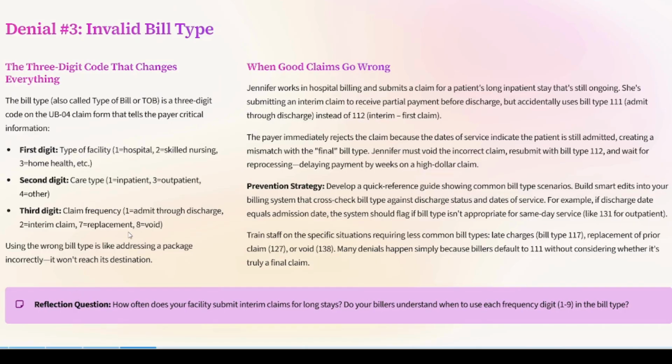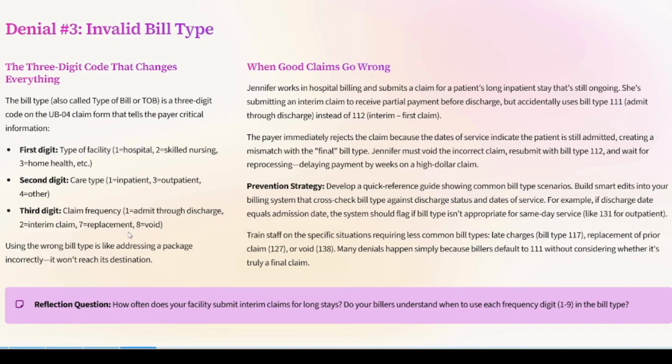Okay? All right. So, when good claims go wrong: Jennifer works in hospital billing and submits a claim for a patient's long inpatient stay that's still ongoing. She's submitting an interim claim to receive partial payment before discharge, but accidentally uses bill type 111 instead of 112.